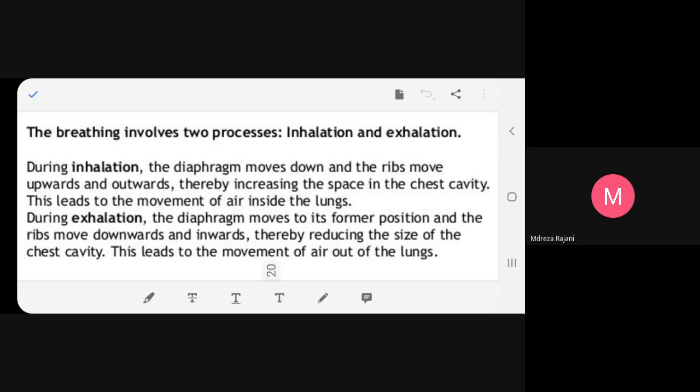This leads to the movement of air inside the lungs. During exhalation, the diaphragm moves to its former position and the ribs move downwards and inwards, reducing the size of the chest cavity. This leads to the movement of air out of the lungs.